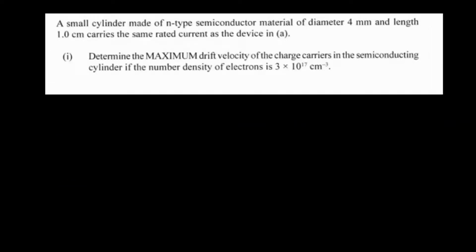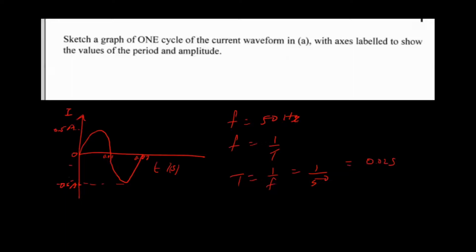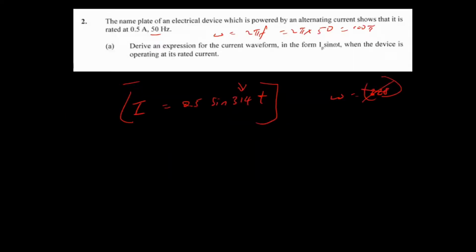All right, we want to jump into this next aspect of the question, which speaks to what we call drift voltage, and yeah, pretty much drift voltage. So ideally what happens is that if you have a conductor, let's take for example a cylinder, the question started off by saying that a cylinder made of n-type semiconductor material of diameter 4 millimeter and length 1 centimeter carries the same rated current as the device in question A. So you would have to go back to question A here and look at the current that is rated, which is 0.5 amps.